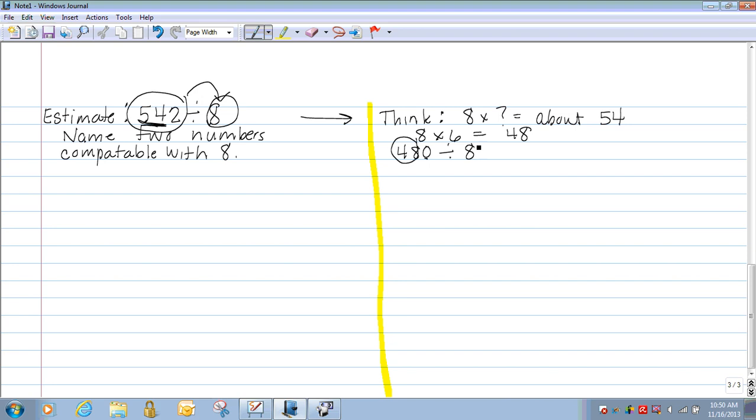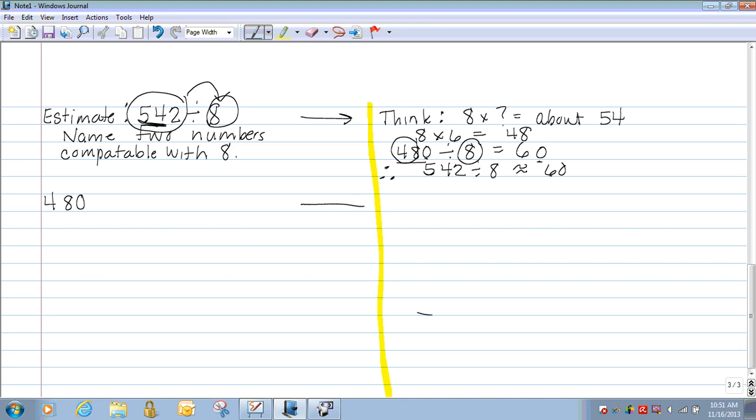I know that 48 divided by 8 equals 6, and I place my 0. Therefore, 542 divided by 8 is about 60. 480 would be a compatible number to this 542, so we can get an estimate.